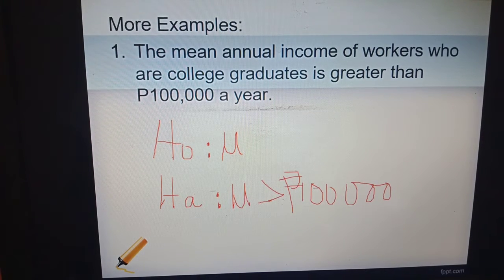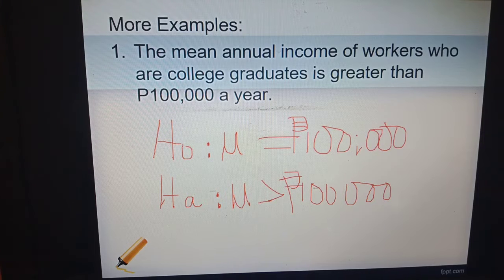So, pwede lagyan ng peso sign. So, kapag greater, siyempre, ang ating null hypothesis ay, ito ay equals sa 100,000. Okay? Pesos.